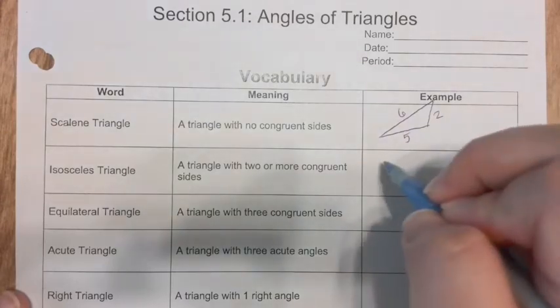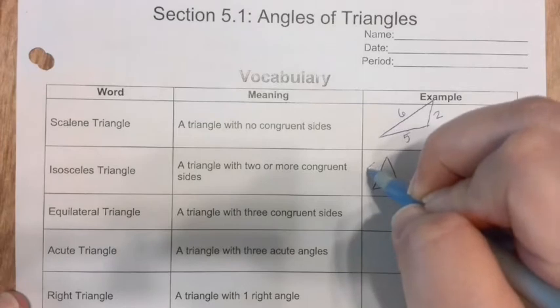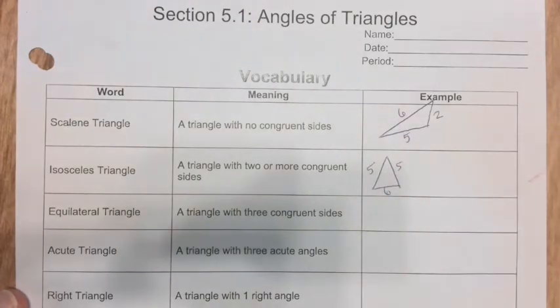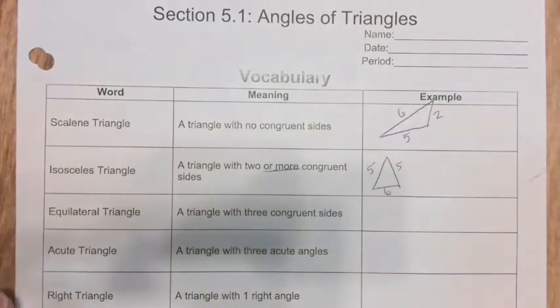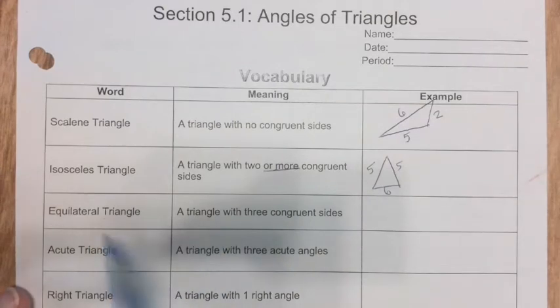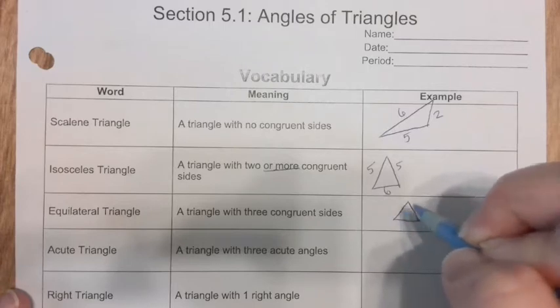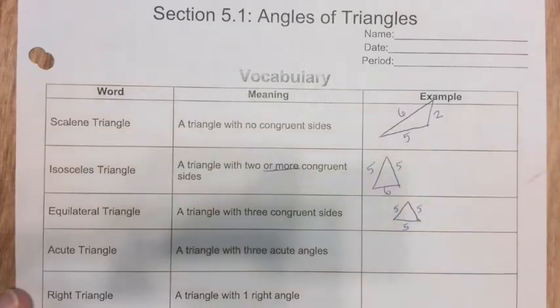Isosceles is a triangle with two or more equal sides. So maybe this is a 5, this is a 5, and this is a 6, is isosceles. Now technically it's 2 or more, but when it has more than two equal sides, we typically call it an equilateral triangle, and that is when all three side lengths are exactly the same, 5, 5, and 5.